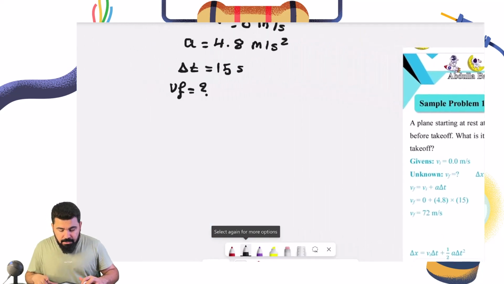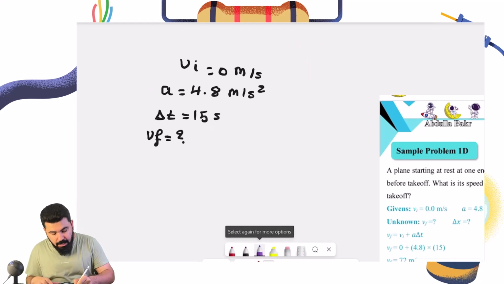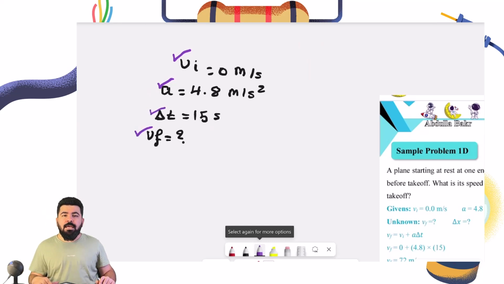Okay, now guys, look. We need to find V final. First of all, let's take a good look at the givens. We have V initial, we have acceleration, we have delta t, and we have V final. Okay? Now, we need something to be able to know which equation to use.